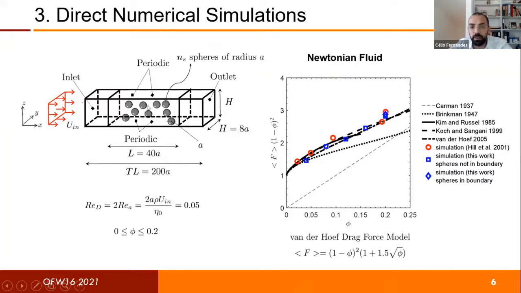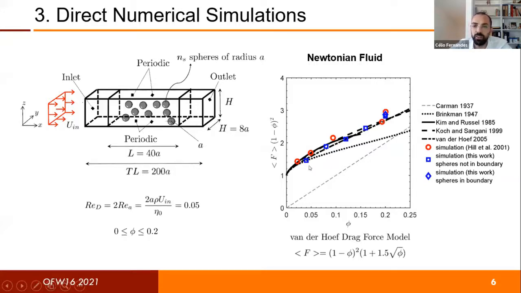Okay, and we then measure the average drag force that we represent by F in brackets, uppercase F. And here on this plot, we can see the numerical results that we obtained with the blue symbols for 4, 8, 12, 16, and 20% of particles.